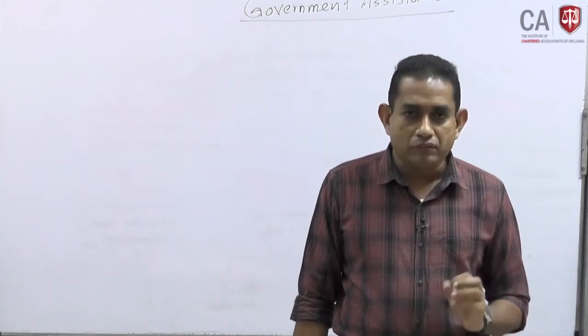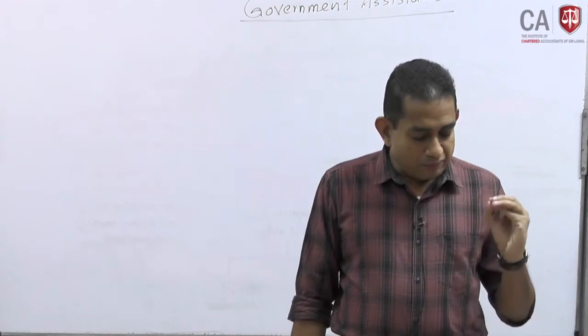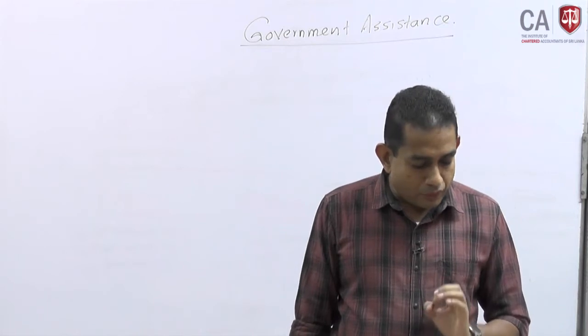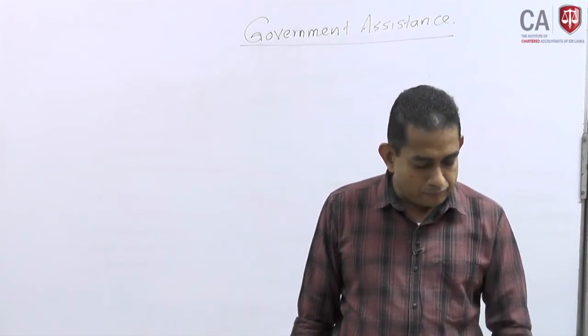Almost every single word and full stop and comma in the definitions carries a meaning. Government assistance is action by government designed to provide an economic benefit specific to an entity or range of entities qualifying under certain criteria.